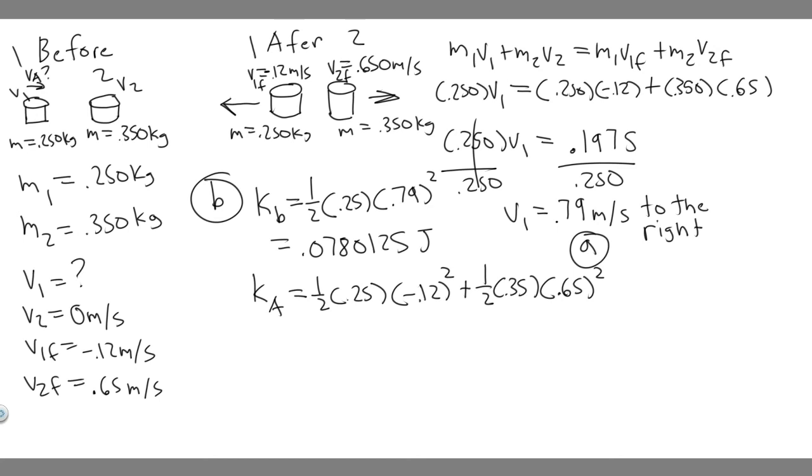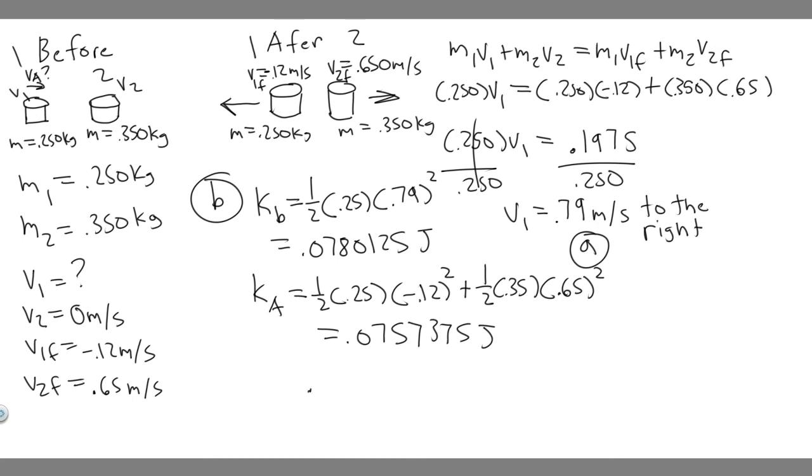When you do this, you're going to get 0.0757375 joules. So it's going to go from this to this, and what you should notice is it's a smaller number. We're losing some kinetic energy during the collision. So we want to find the difference: take the final minus the initial.